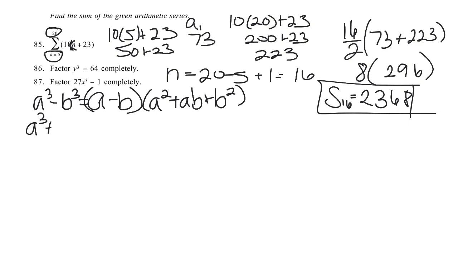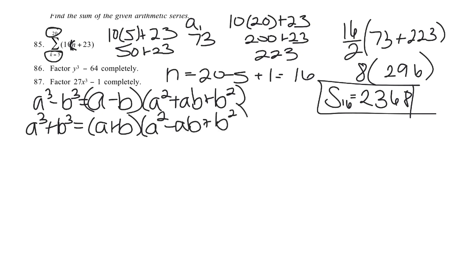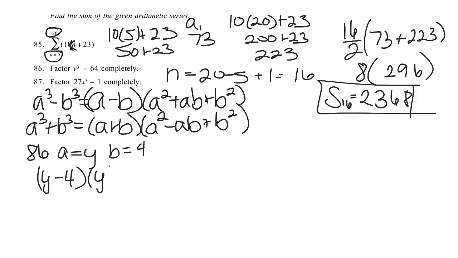If it was a cubed plus b cubed, it'd be a plus b times a squared minus ab plus b squared. So in number 86, your a is y and your b is 4. So y minus 4 times y squared plus y times 4, 4y, plus b squared, which is 16.